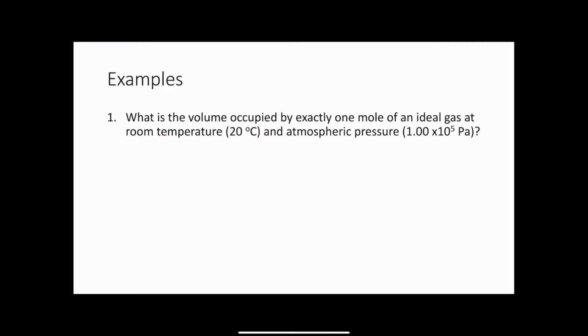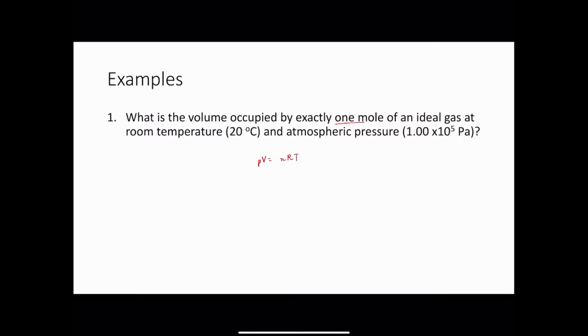Example says, what is the volume occupied by exactly 1 mole of an ideal gas at room temperature, which is 20 degrees C, and atmospheric pressure 1 times 10 to the 5 pascals. So we're using our first ideal gas equation, PV equals nRT, because we're talking about 1 mole of gas.